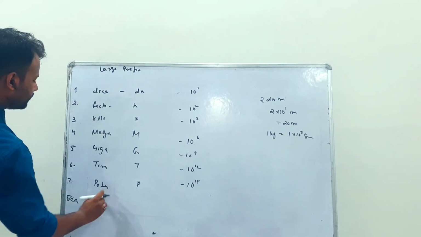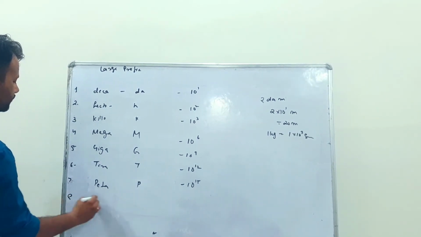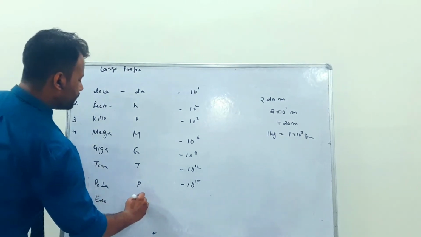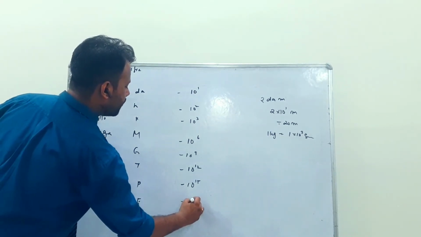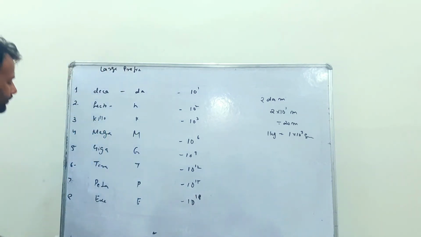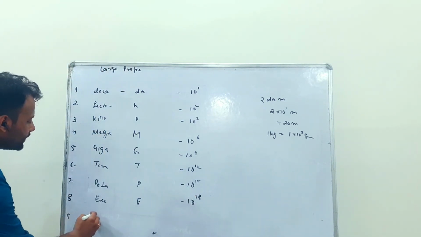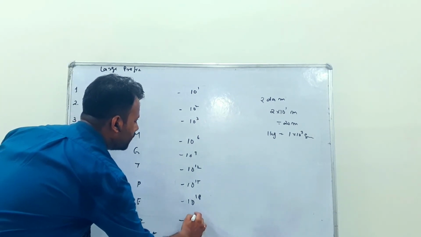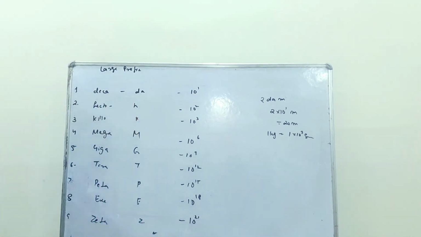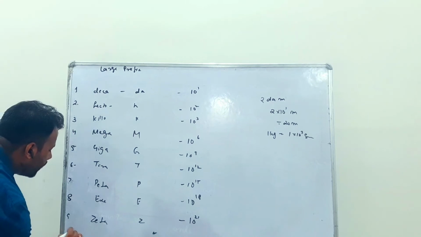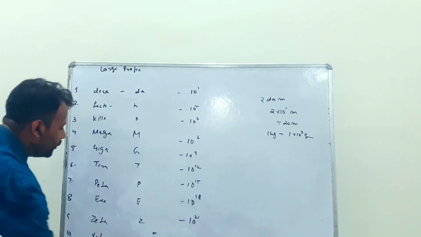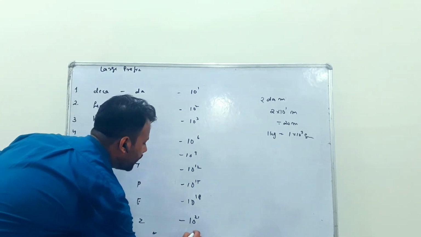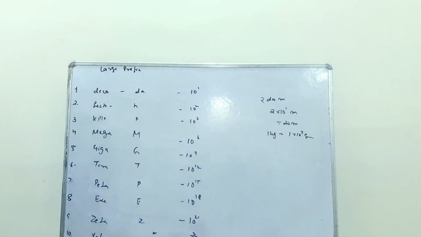Exa, 10 to the power 18. Zetta, 10 to the power 21. And the last one is yotta, 10 to the power 24.